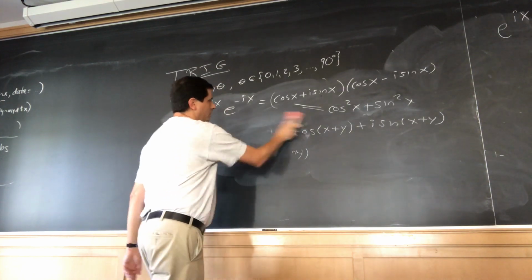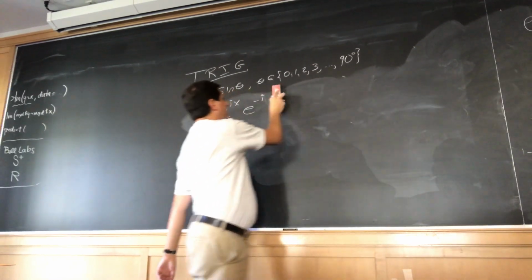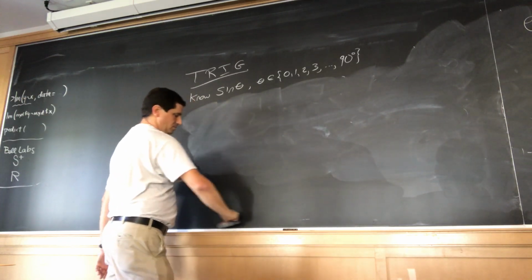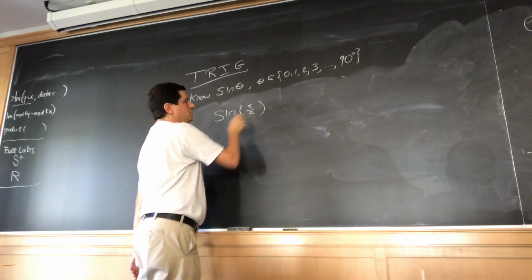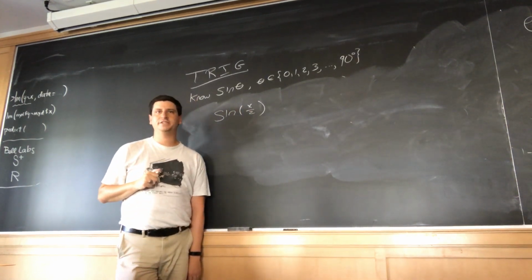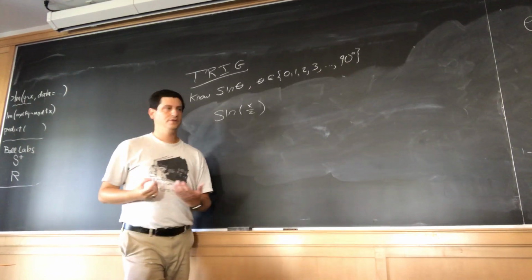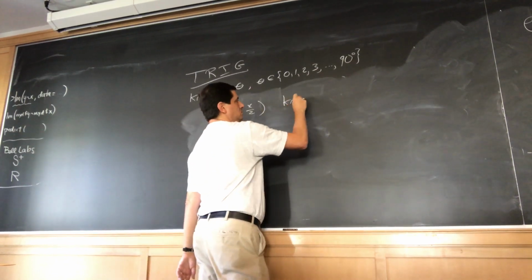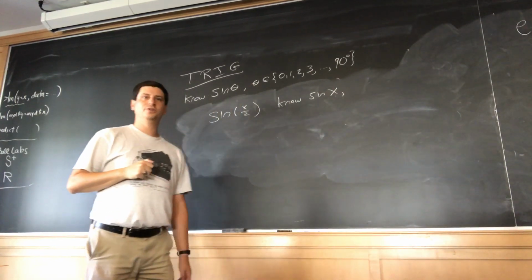So a lot of these problems ask you to find ways to interpolate values. So I want a formula for the sine of x halves. And let's assume we know the sine of x. And if we know the sine of x, what else do we know?